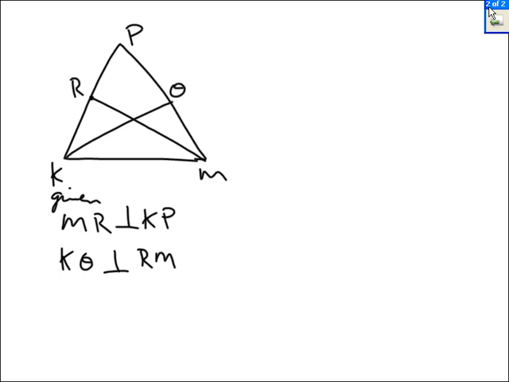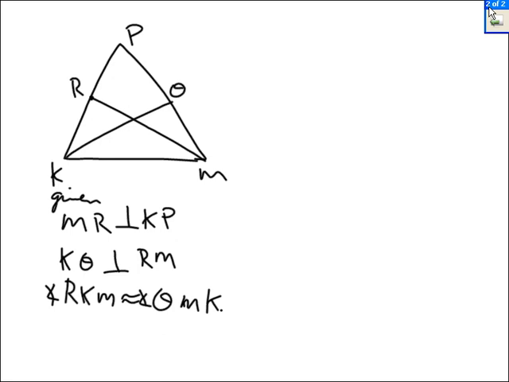And what we'd like to show, I guess we need one other thing. Angle RKM is congruent to angle OKM. Angle OKM. RKM, of course that's wrong. I want angle M in the middle. OMK.